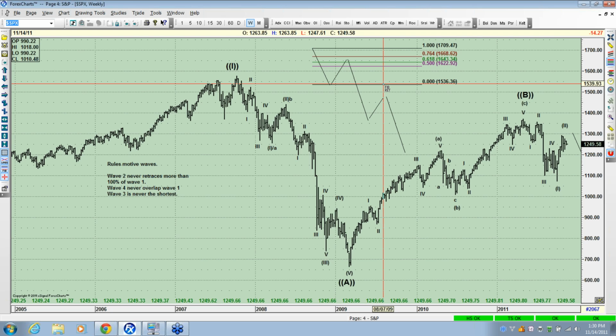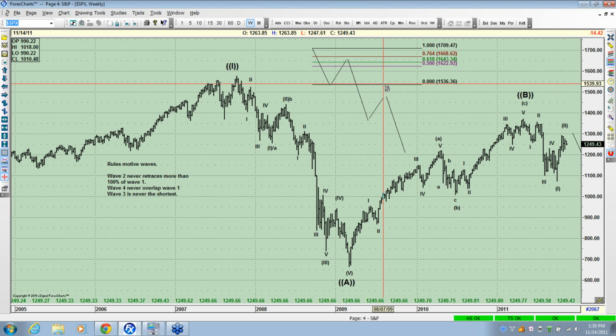All you need to do is identify the first leg, or the first 5 waves, and then you guys will know at that stage where you're going to be your entry point.